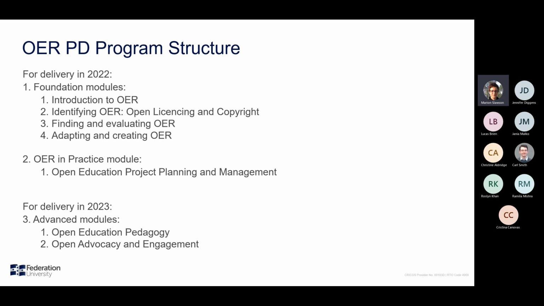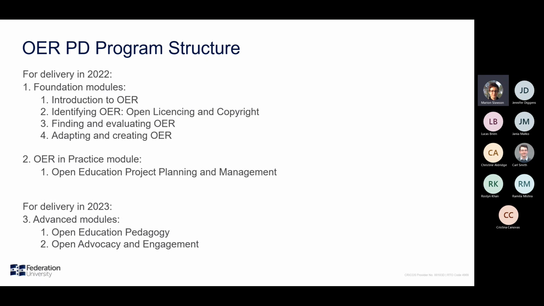Then how you find them, and like with any resource, it's classic librarian work. You need to evaluate OERs, and evaluating OERs is a little different to evaluating other resources, because you really do have to consider the licensing, what you can do with it, and whether it's appropriate to the particular curriculum setting, rather than being used, say, for an assessment task. And then looking at how you adapt and create your own OER.